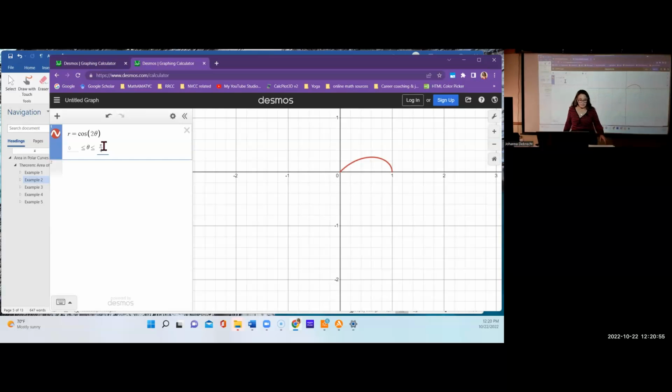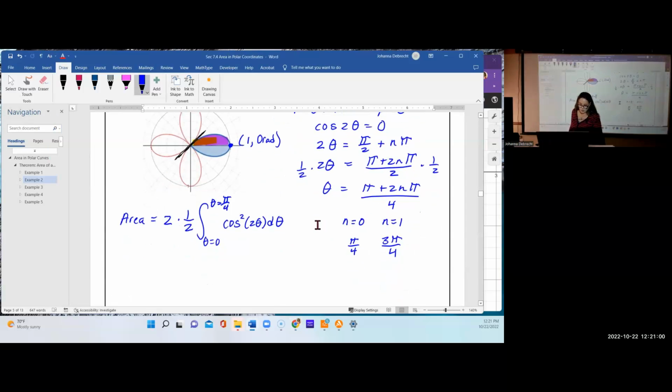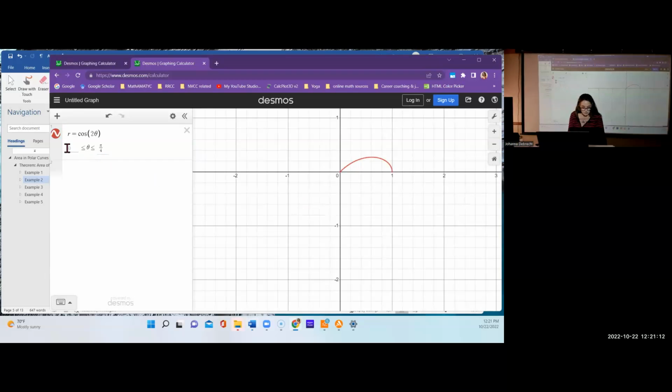And based on what we did before, algebraically over here, I would be going backwards. So if I were going backwards, this would be n equal -1, and that would give me negative pi over 4. And that would give me the whole petal. So if I changed this end to negative pi divided by 4, you see you get the entire petal.